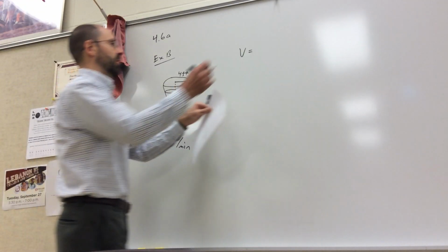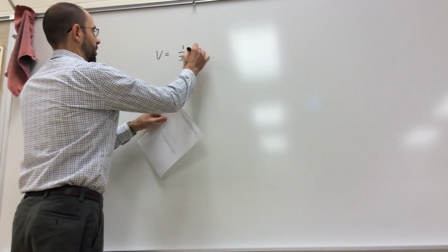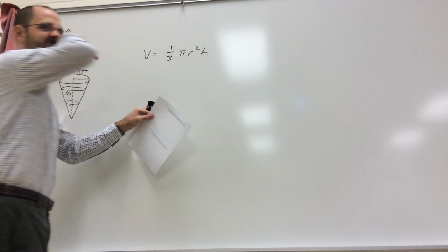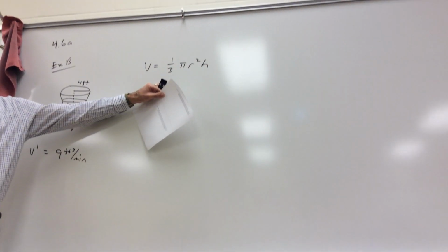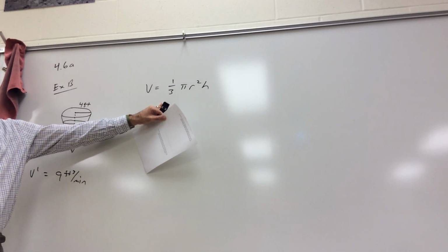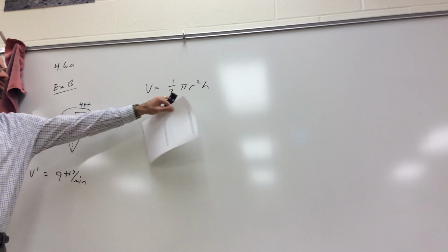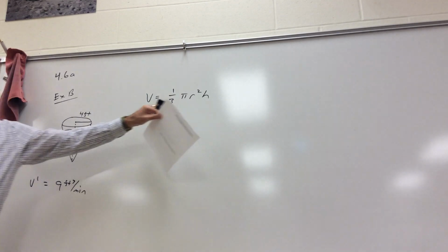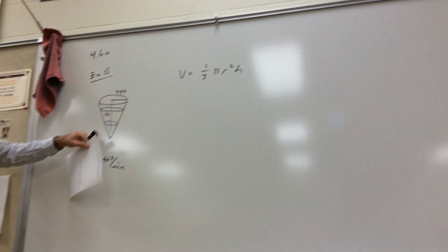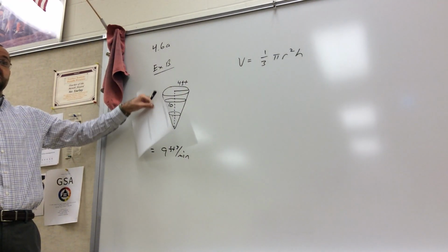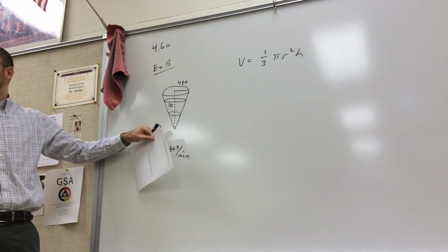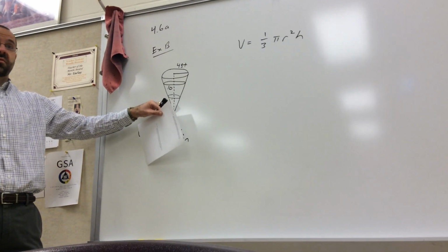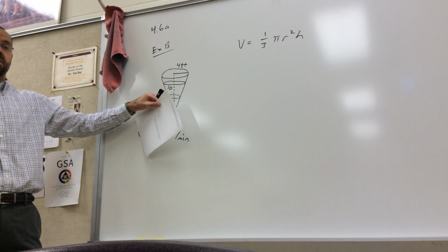And that's 1/3 pi r squared h. Okay, so this is just the volume formula for a cone. And in this case, it's the volume of the water. It's not the volume of the full tank, because that's not changing, right? What is changing is the volume of water that's in there.